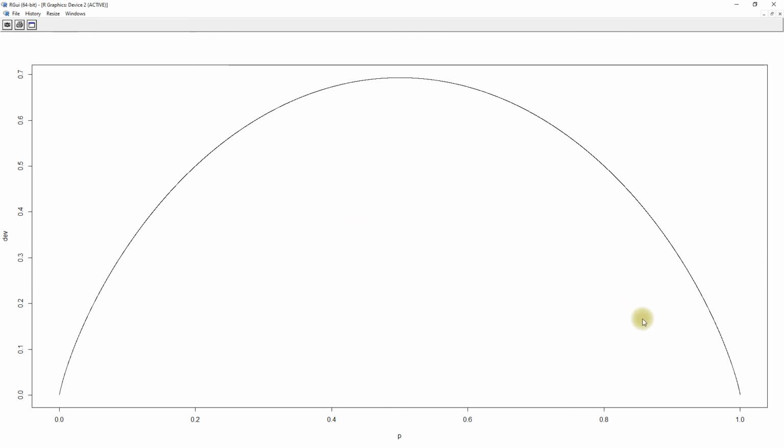We can increase the size of this graph as well, but this is related to the cross entropy or deviance. You see that the highest value is 0.7. It's not like the case of Gini Index where the highest value is supposed to be 0.25 as we saw before. Okay, let's continue.